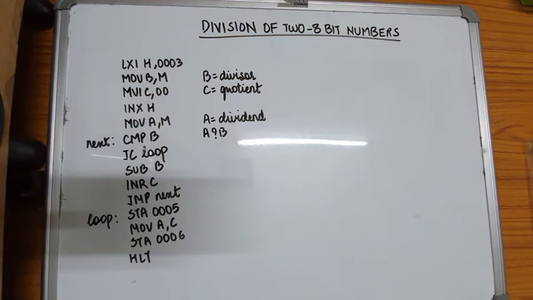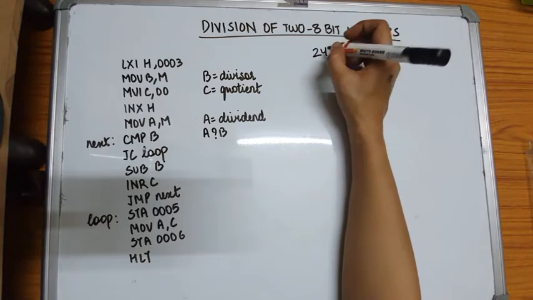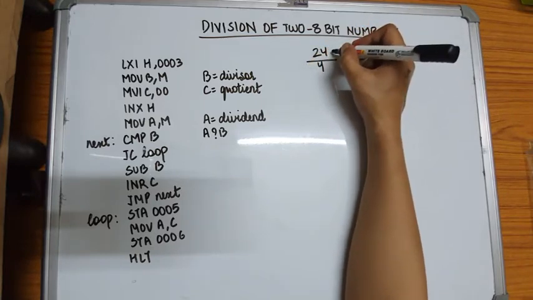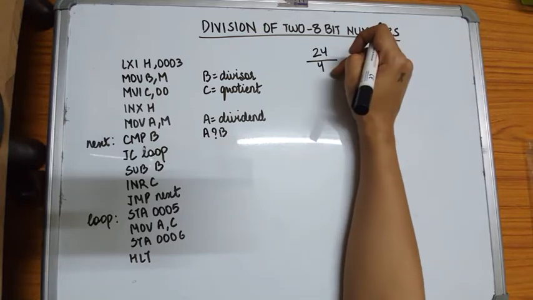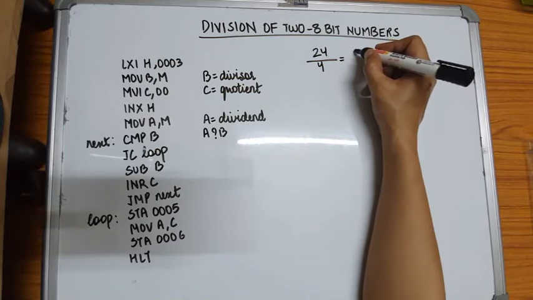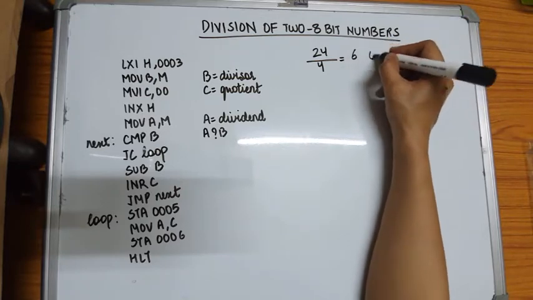First, what happens during division? Let's understand the concept. You have a number, let's say 24, which needs to be divided by 4. So this is the dividend and this is the divisor. 4 is dividing 24, so the quotient comes out to be 6 and the remainder comes out to be 0.